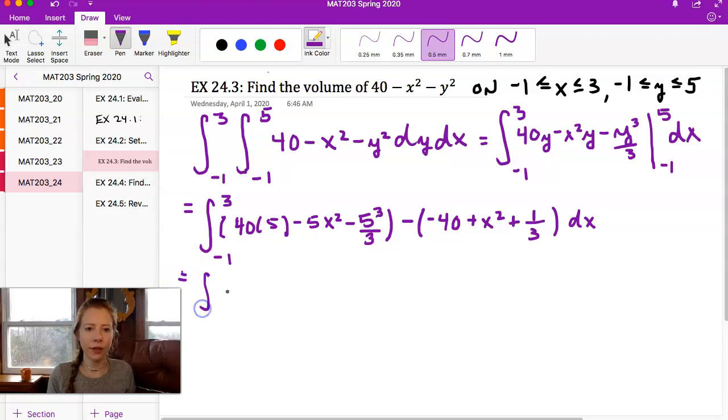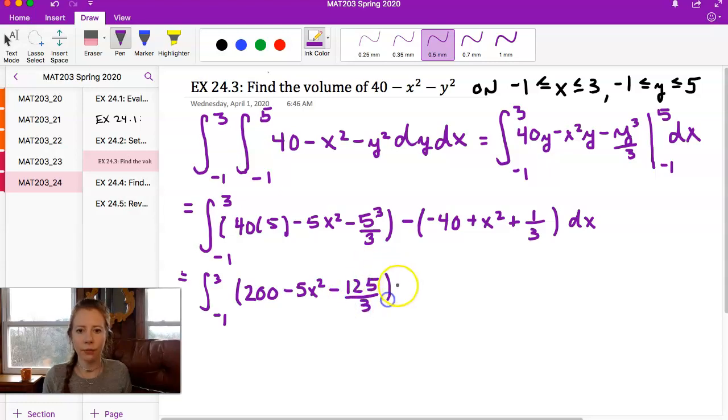So we have not integrated for our x yet, so -1 to 3, and it's going to be 200 minus 5x squared minus 125 over 3 plus 40 minus x squared minus 1/3 dx.